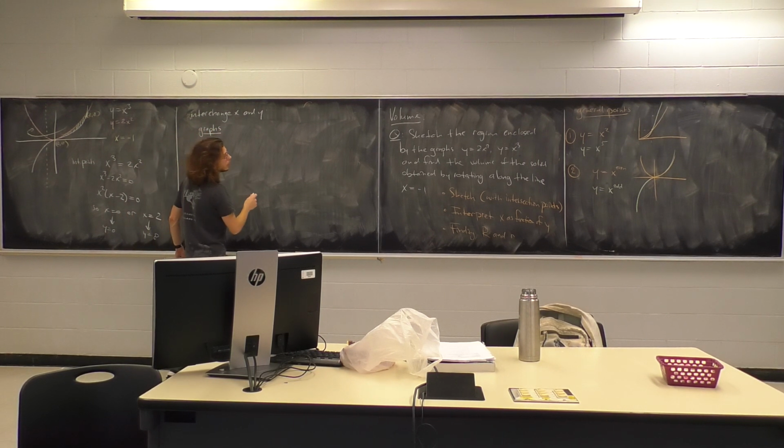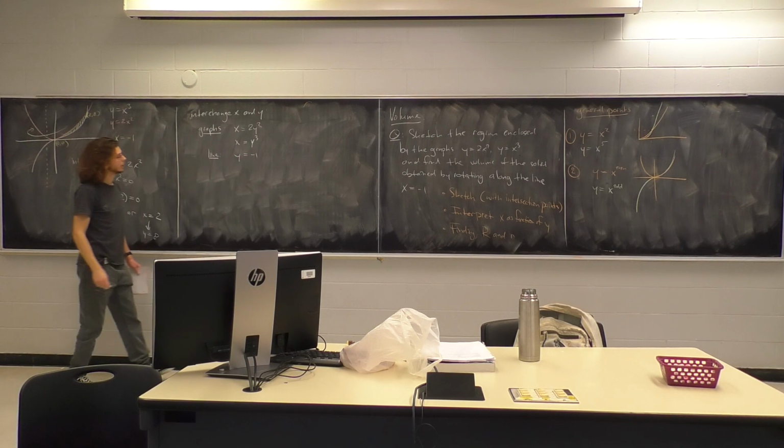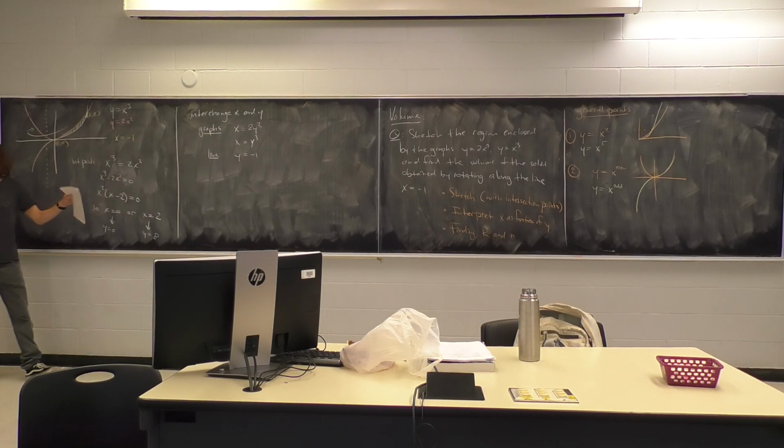The graphs now will be x equals 2y squared, x equals y cubed, and the line now is y equals -1. So you see why we want to do this interchanging step, because now we reduce to the case where we just rotate along something parallel to the x-axis.